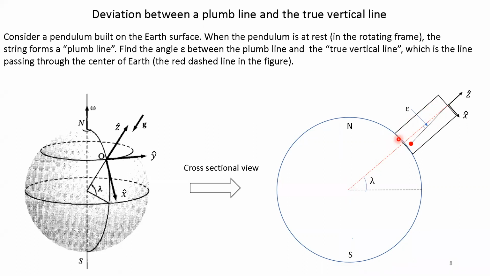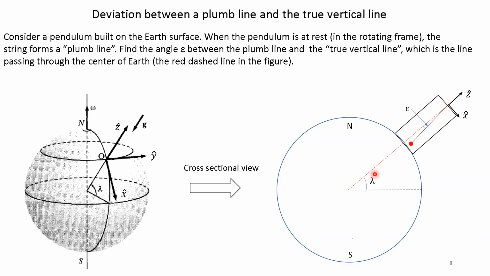So the top of the building to the center of the Earth, this red dashed line would be what I call the true vertical line. And remember, this is the line that goes along with the so-called mg naught.